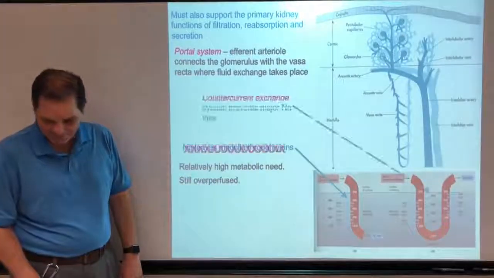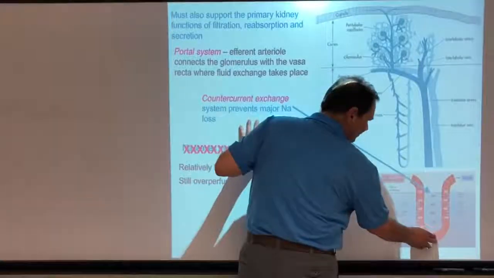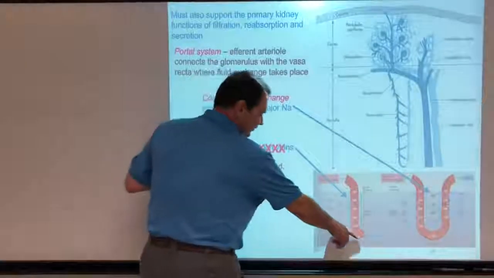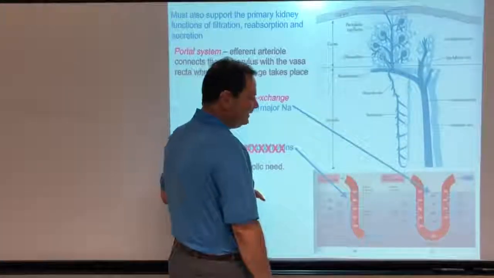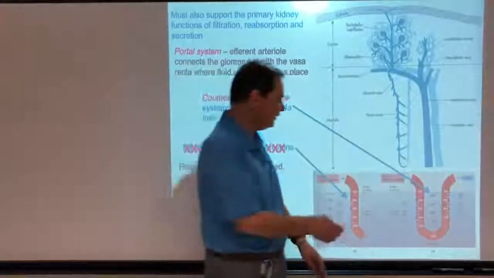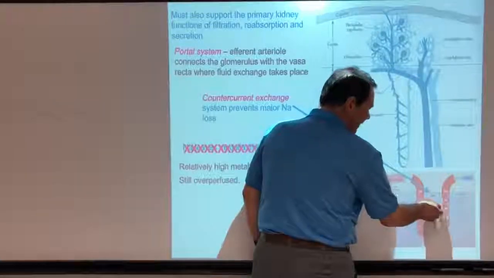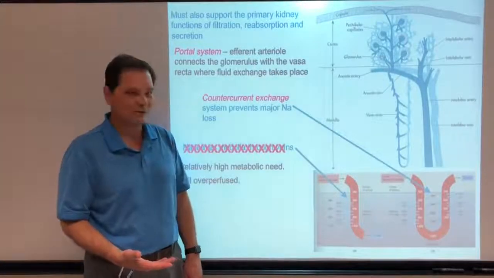So what happens instead is the vasa recta dips down into the medulla, and then it comes back up. And instead of exiting through the medulla, it exits back through the cortex of the kidney, where the osmolarity isn't as high, and where the sodium, it goes into the vasa recta as it goes down, but then it comes back out again as it comes back up across the concentration gradient.